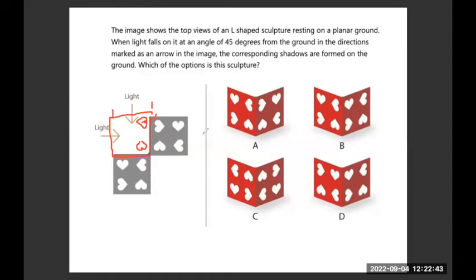The place where the base looks like this is option D, and option B also. So A and C automatically get eliminated.